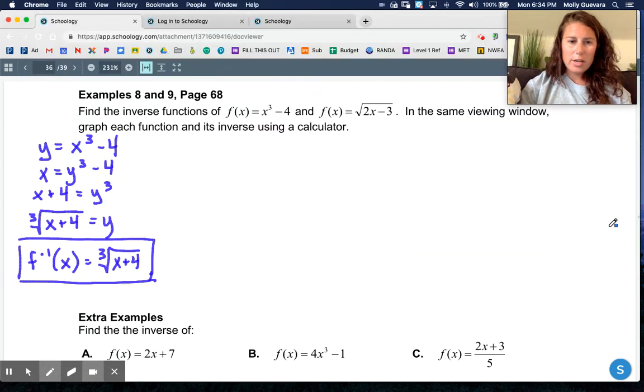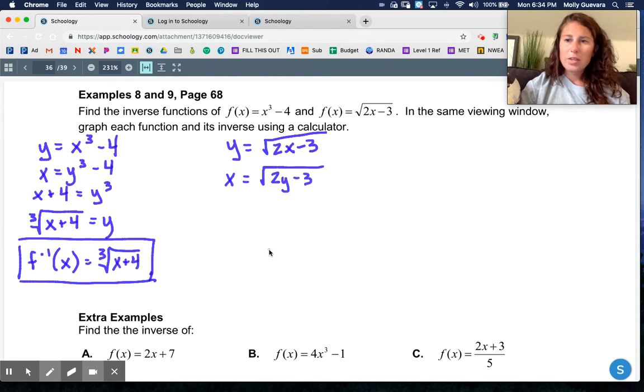So let's go ahead and do the second one now. Pretty confident it's going to be similar, but you never know. So y is equal to the square root of 2x minus 3. We're going to switch the x and y. So I have now x equals the square root of 2y minus 3. We're going to solve. In order to get rid of this square root, I'm going to have to square both sides. So that gets me x squared equals 2y minus 3.